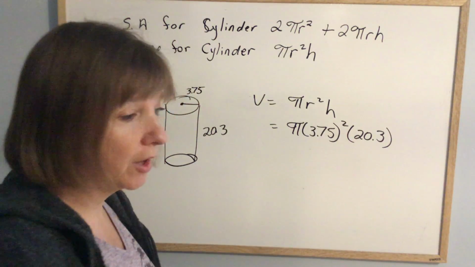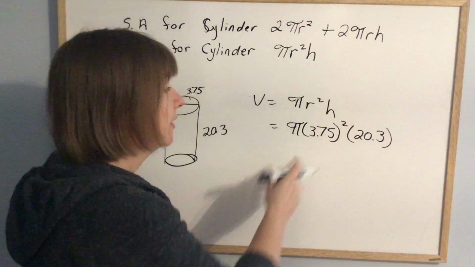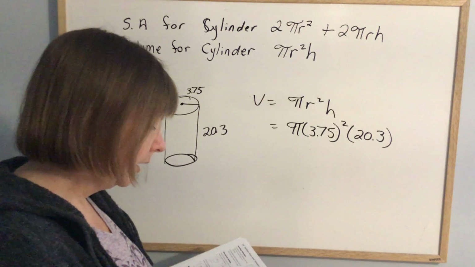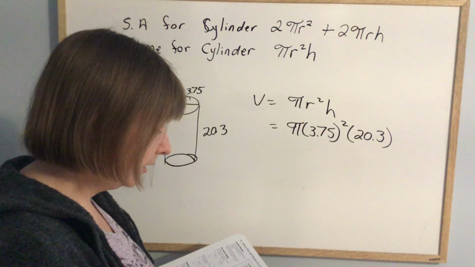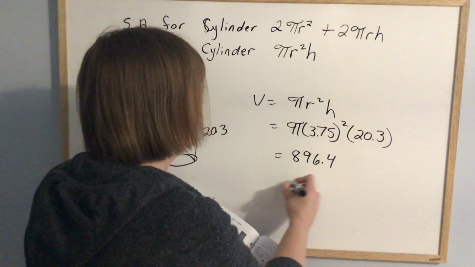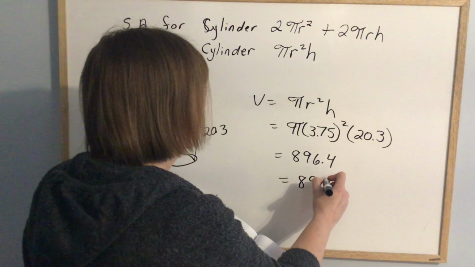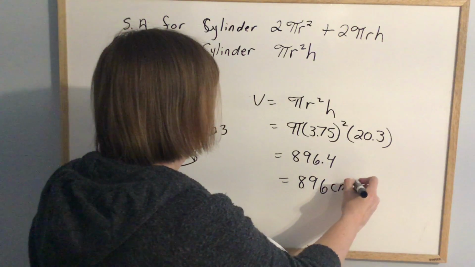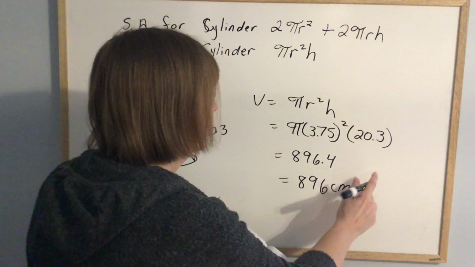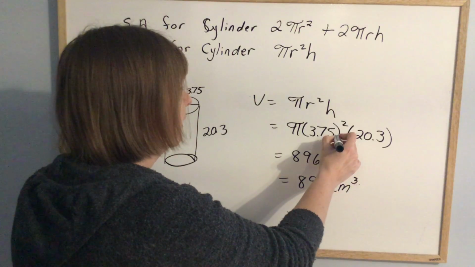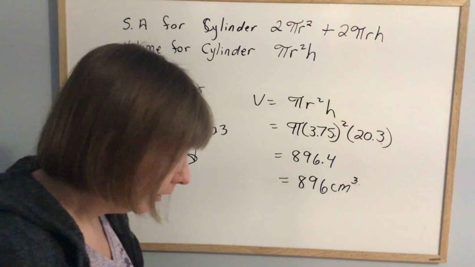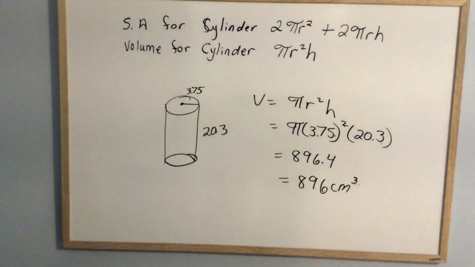Again, very important that you follow order of operations here. 3.75 squared, then times pi times 20.3, and it turns out to be 896.4, but they want it rounded to the nearest cubic centimeters. So because that's a 4, this remains a 6. So sorry, it's not squared, it's cubed, because we did centimeters squared times centimeters, which is 3. All right, so that's the cylinder.